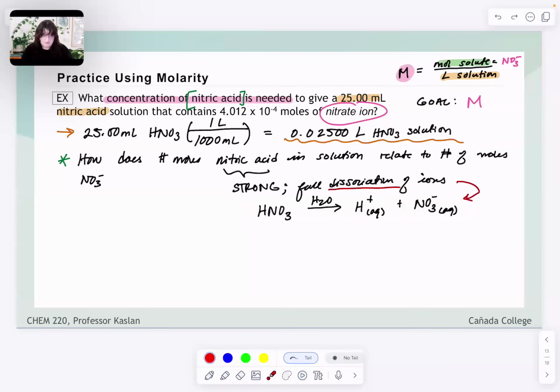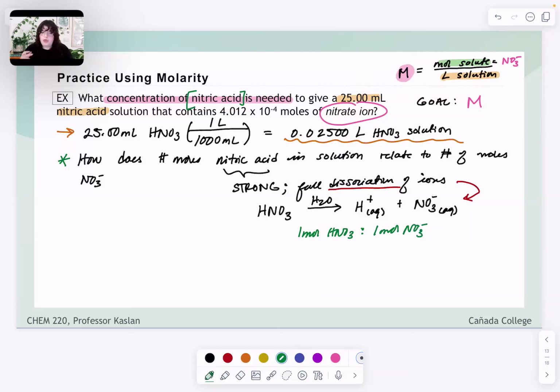right? That's what's implied with nothing drawn out here. So when I dissolve one nitric acid molecule in solution, I generate one nitrate ion. Scaling that up to be a mole ratio, I can say for every 1 mole of nitric acid, that's equal to 1 mole of nitrate found in my beaker.